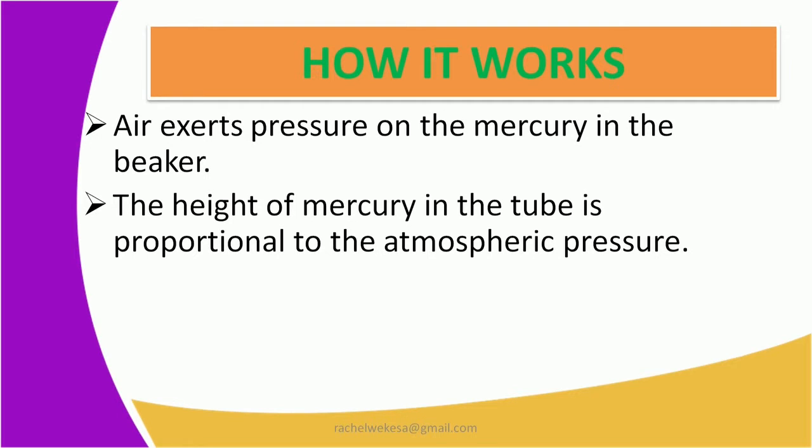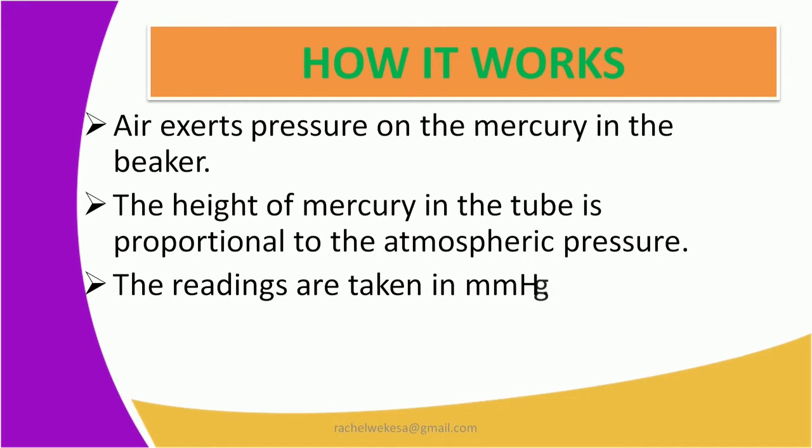Number 2, the height of mercury in the tube is proportional to the atmospheric pressure. As the mercury in the glass tube rises, this is proportional to the amount of atmospheric pressure outside the tube. So you can say that they go hand in hand.